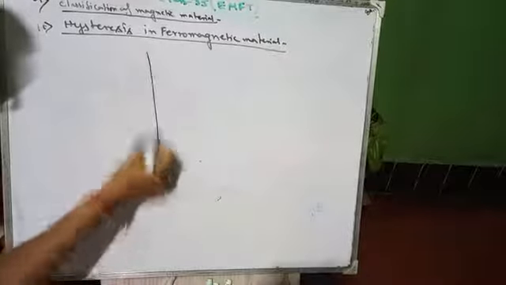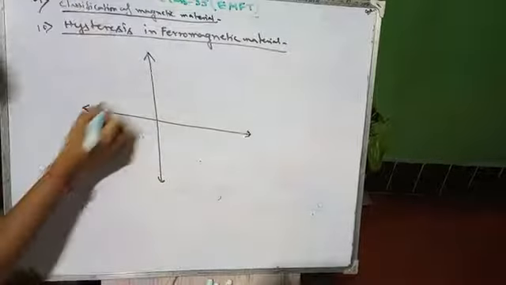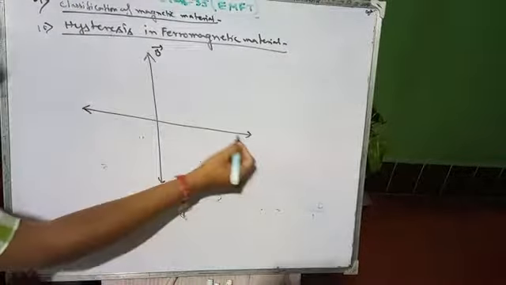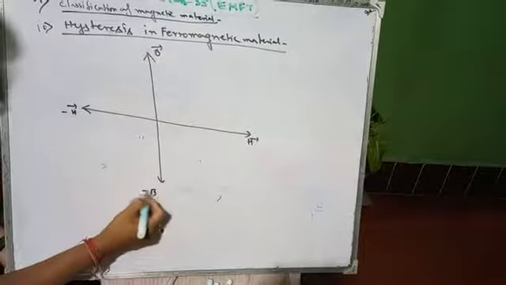So your result will be, we have to apply a B vector and H vector over here, so it will be minus H vector and this axis will be minus B vector.